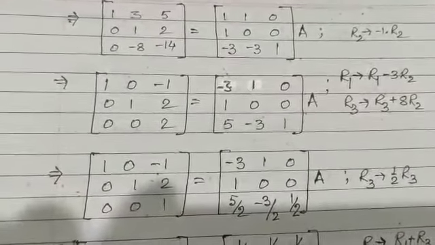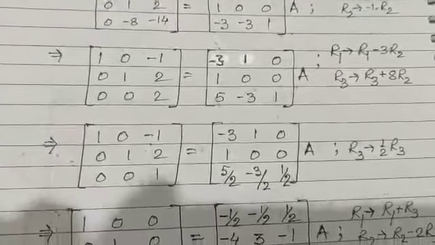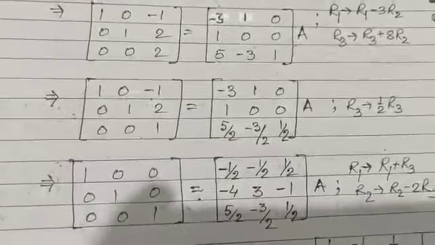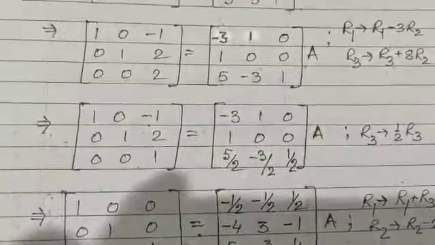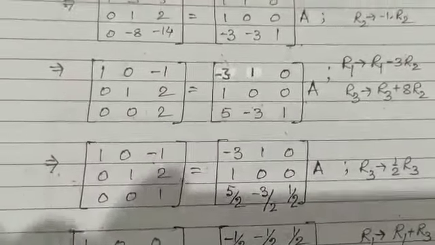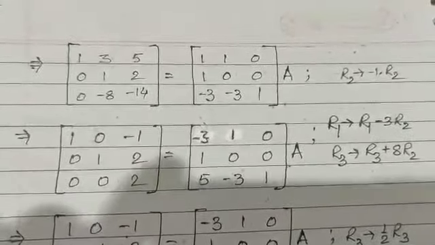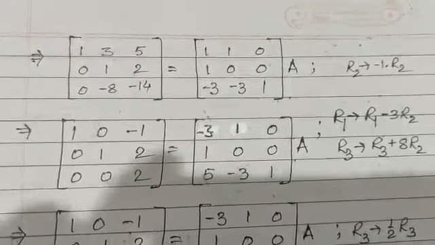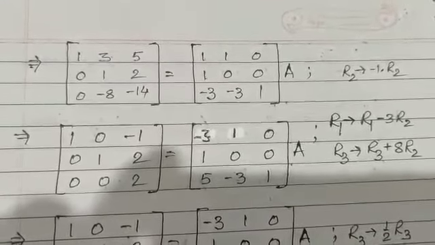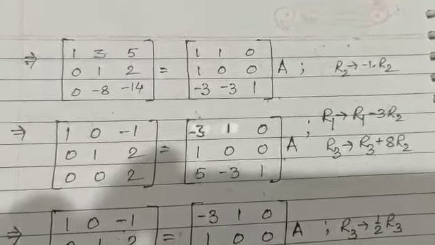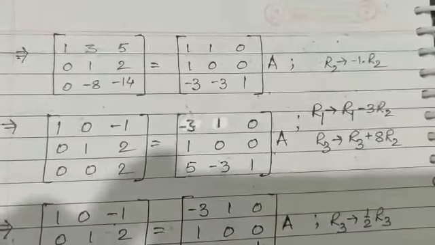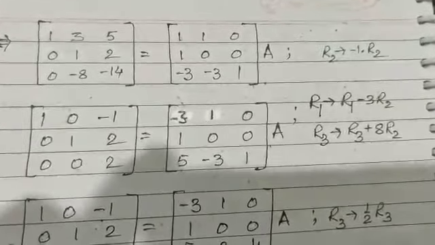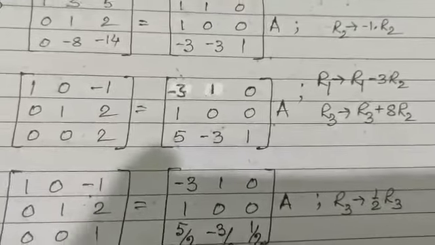Now the third step I told: using that second row we will make the other two elements of column 2 zero. So how to do it? Here, if you see, the element is 3 and A22 is 1. If I multiply the second row by minus 3 and add it to the first row, then this element will be 0.